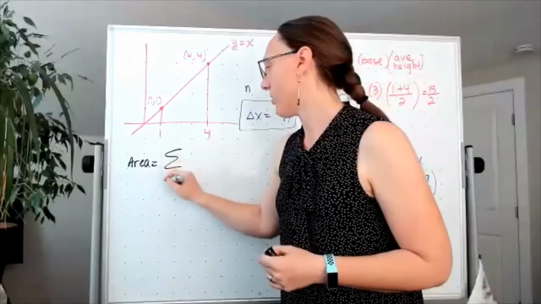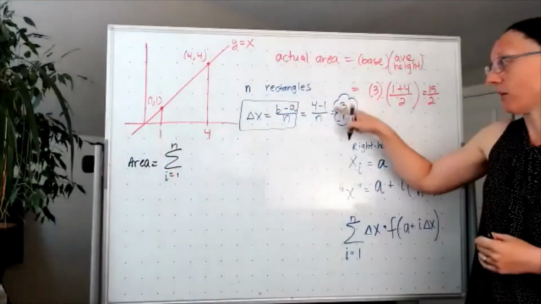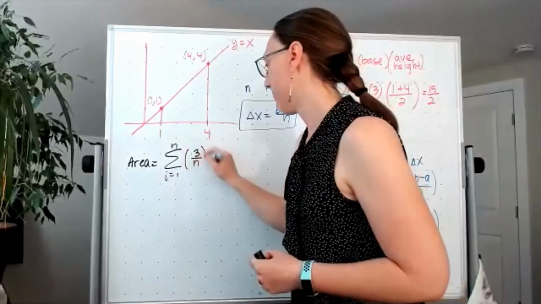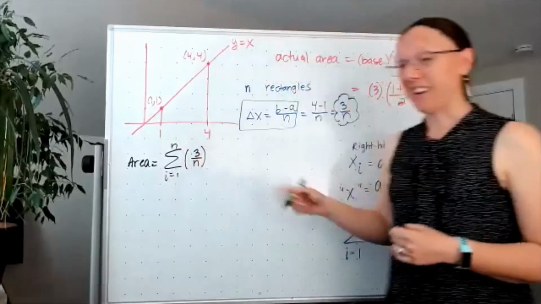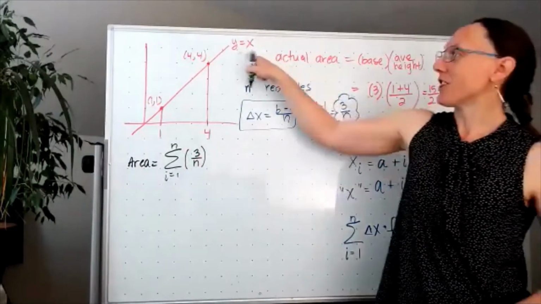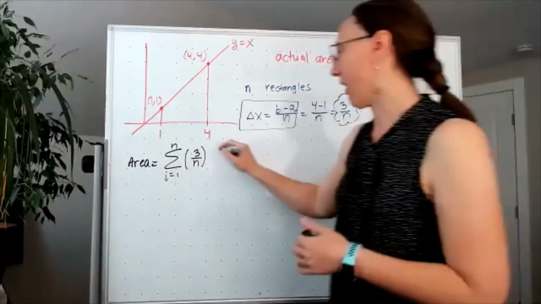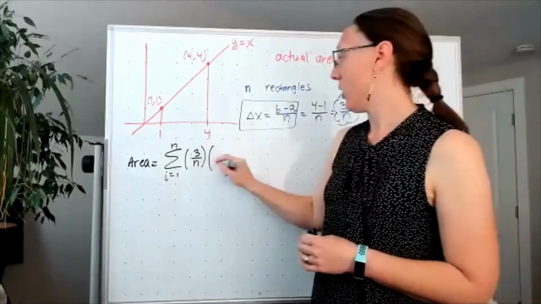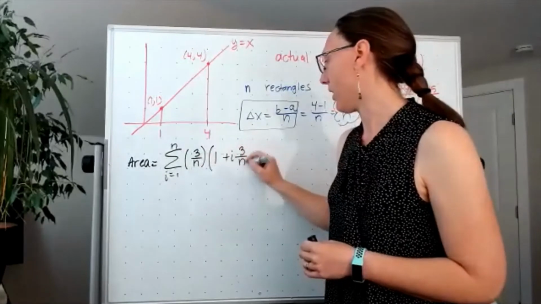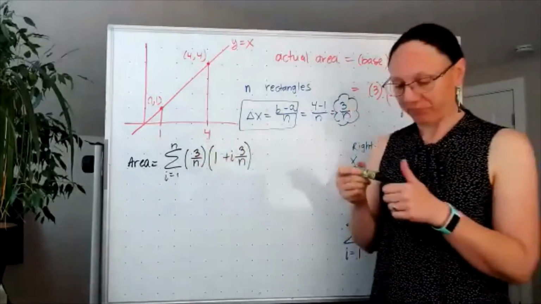My sum is going to go from i equals 1 to n. We know what our delta x is. That was 3 over n. Then I need f of a plus i delta x. Well, my function is just y equals x. So the function part isn't too bad. And what we're going to put in here is 1 plus i times 3 over n. And this is the thing that we're going to add up.